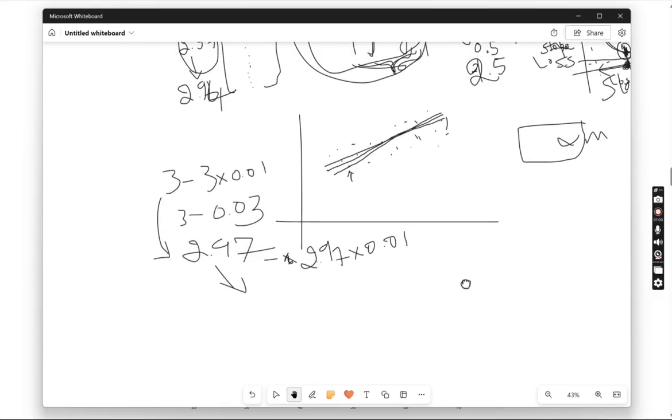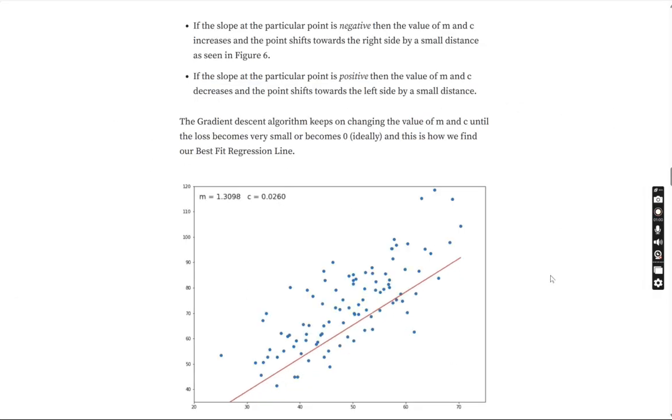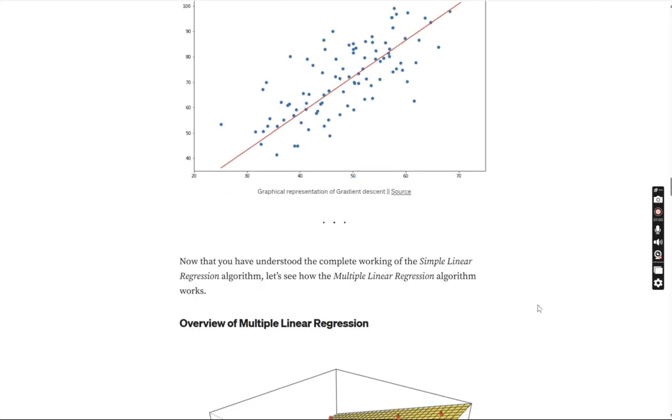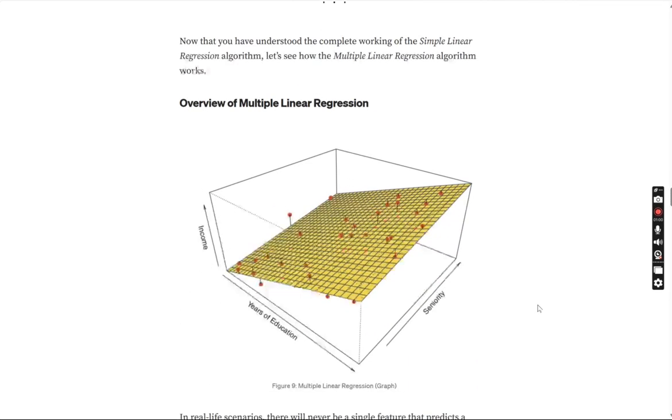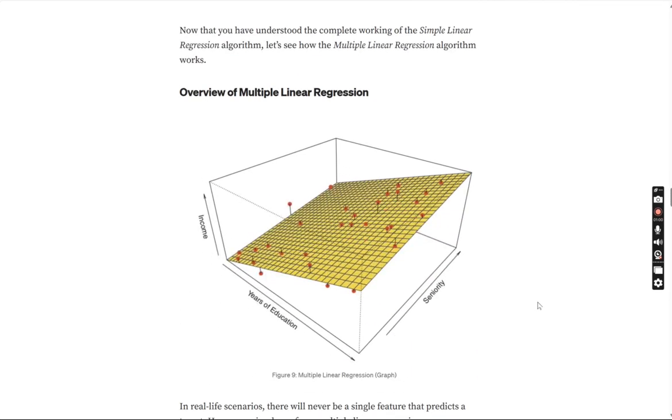Now this process is repeated for multiple rows and multiple columns of data that you have: height, weight, place of birth, diet, whatever columns are provided to you. Instead of a line you will have a plane, and this plane has to be adjusted to fit those data points. We call it the best fit plane for multiple linear regression.